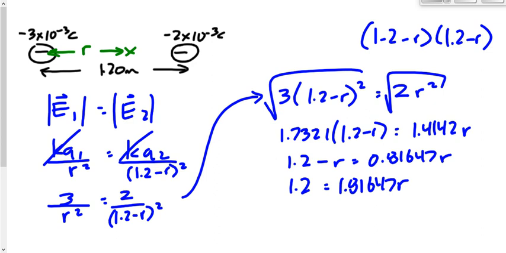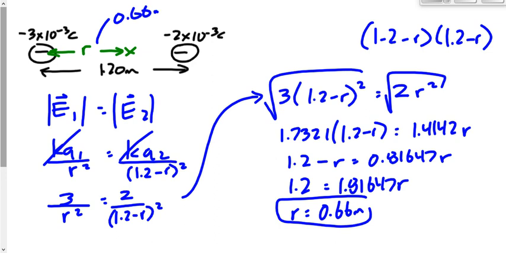Well, now it's easy, right? r is 1.2 divided by that. 0.66. So we would say that that point where the field strength is 0 is 0.66 meters to the right of the first charge, the 3 millicoulomb charge.